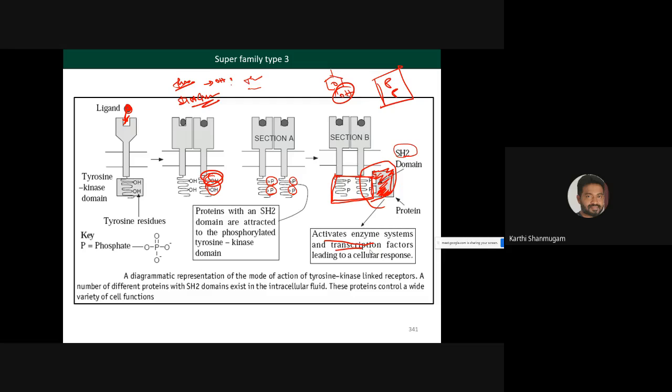The dimerization leads to autophosphorylation of tyrosine residues in the tyrosine kinase domain, which leads to attraction of proteins having the SH2 domain, and that leads to activation of different enzyme systems and transcription factors. That leads to a cascade of cellular response, and that is the general molecular mechanism of superfamily type 3. Is it understandable?